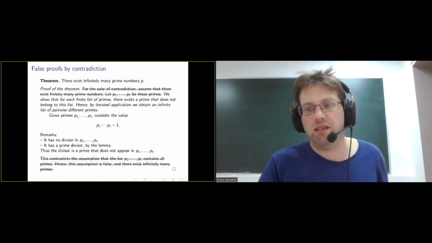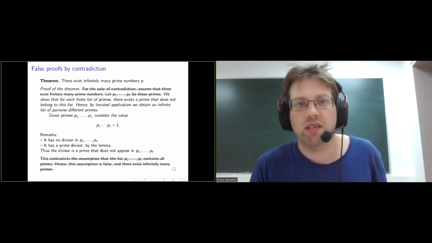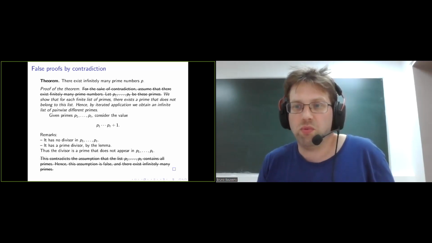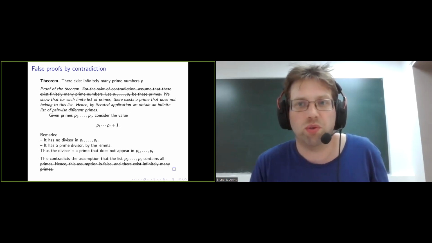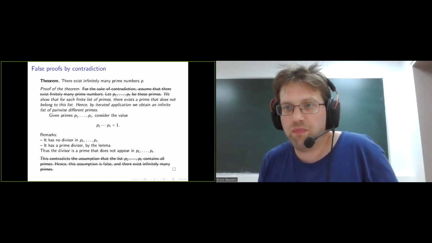And so the proof of there exist infinitely many prime numbers, the one by contradiction is the one I've seen in all high school textbooks. It was in my high school textbook, and I think it's a false proof by contradiction.